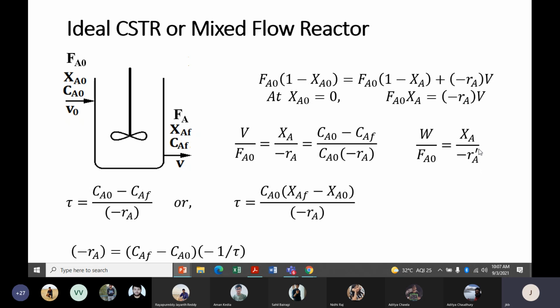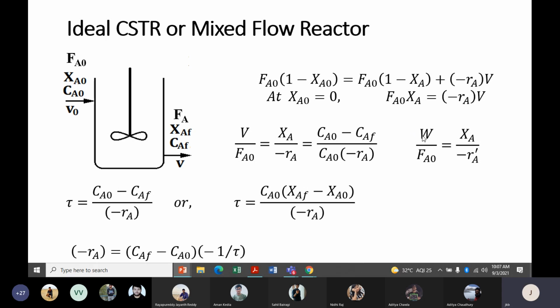This is the convention, and you will find in Levenspiel's book it is written minus Ra prime for heterogeneous reaction rate. And if it is minus Ra prime per kg catalyst, what is the unit? Mole per unit time per unit weight of catalyst.